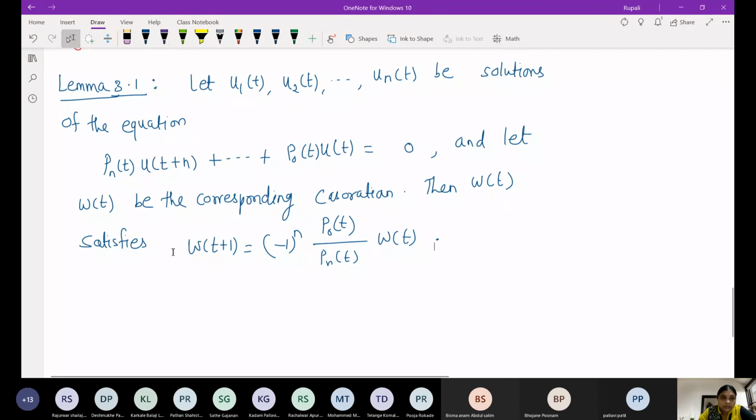What the theorem says is: consider this nth order homogeneous difference equation and let u1(t), u2(t), ..., un(t) be its solutions, and let W(t) be its Casoratian. Then W(t) satisfies this first order difference equation, W(t+1) = (-1)^n p0(t)/pn(t) W(t).